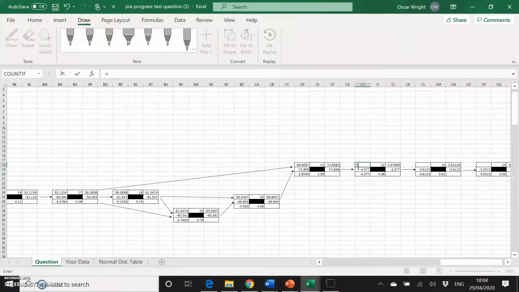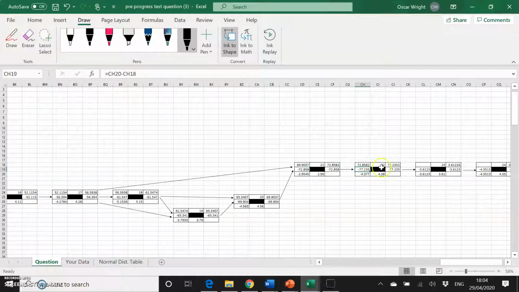And then 22 would just be the early finish for 21, and so on until we reach the end.